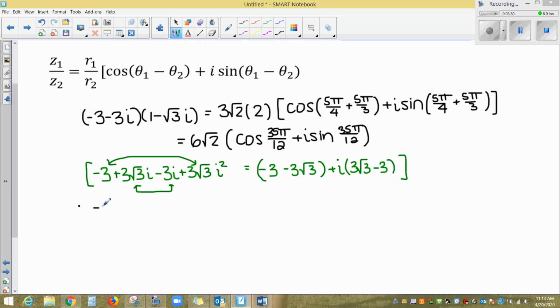If we want to take -3 minus 3i and divide it by 1 minus square root of 3 times i, it says we're going to divide those two r's. And in here, we're going to have the cosine of the difference of the angles instead of the sum.